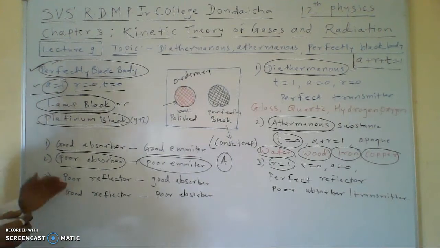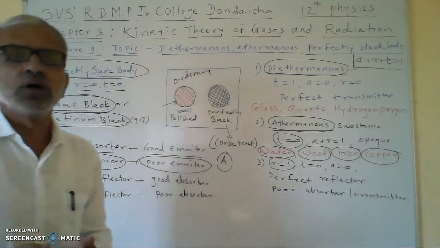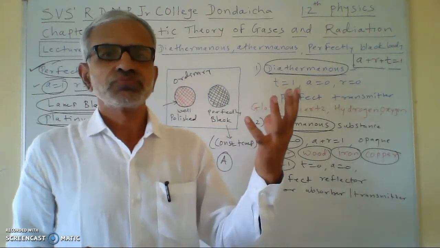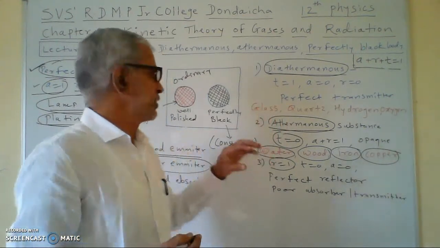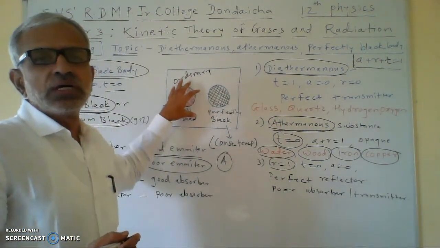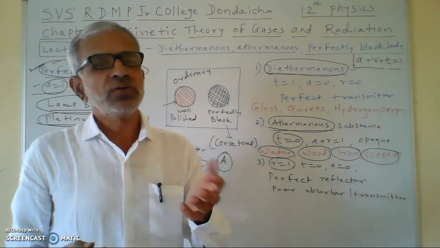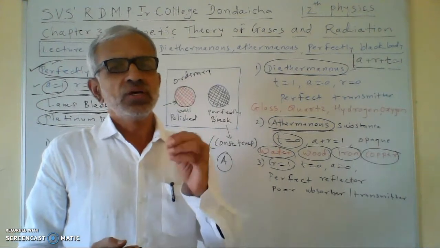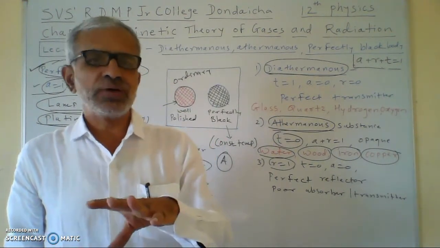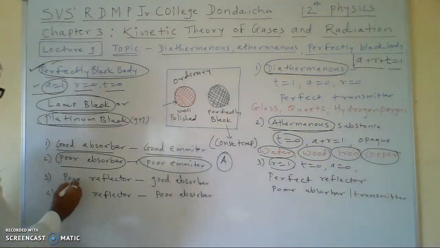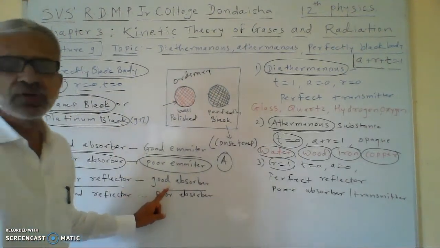Now, when heat is incident on a body, it should either absorb the heat or reflect the heat, and therefore a body which is a poor reflector is a good absorber.